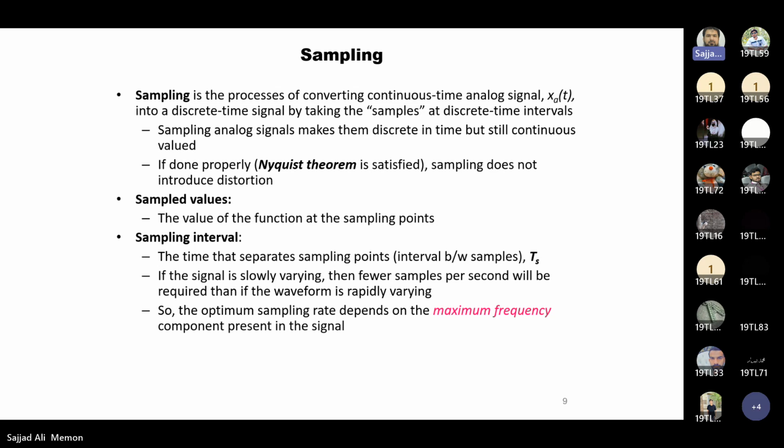That may create some aliasing effect that we will see as we progress in this lecture. But at this time, you should consider the maximum frequency component present in the signal to determine its sampling rate.